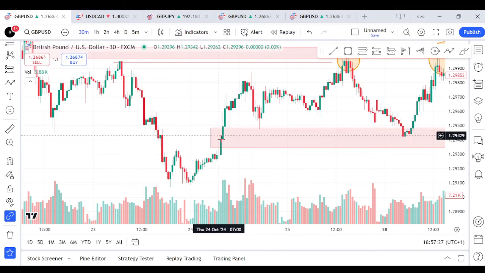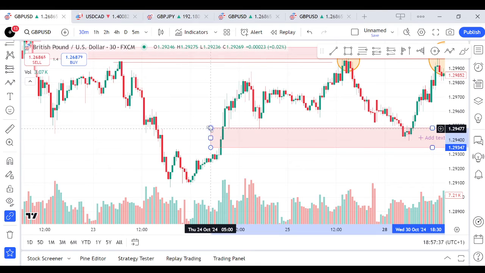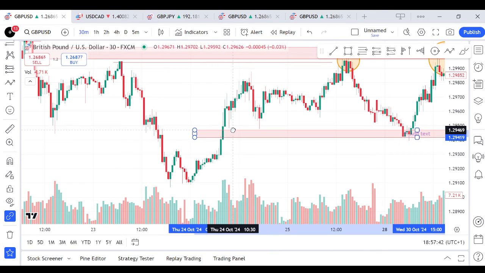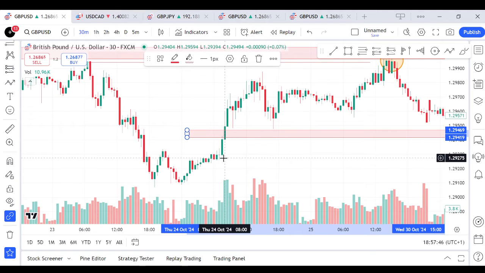Here we had a bullish FVG, and if you look at this, this was a massive push to the upside. Let me reduce this. Exactly, that is where we had the bullish FVG. The first candle is this green candle, the second is this massive push, and the third candle is this one.